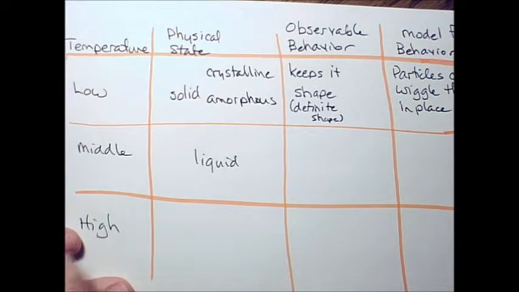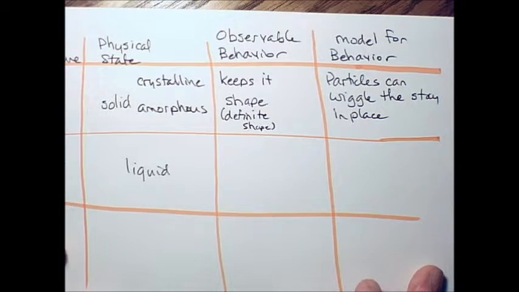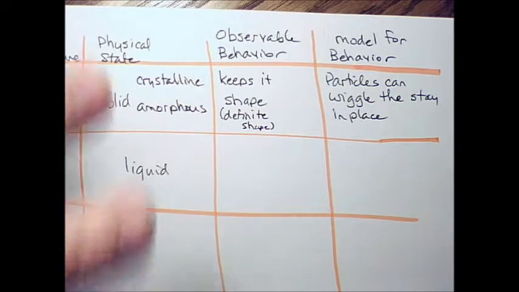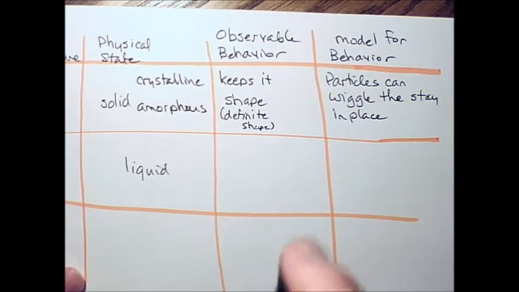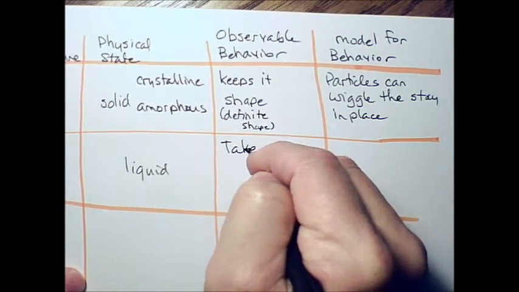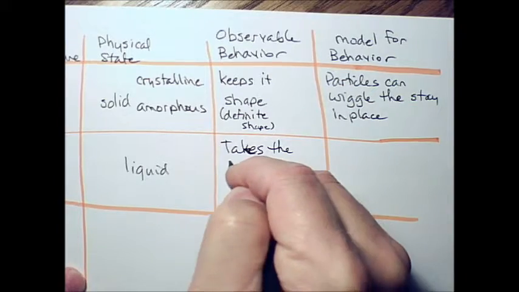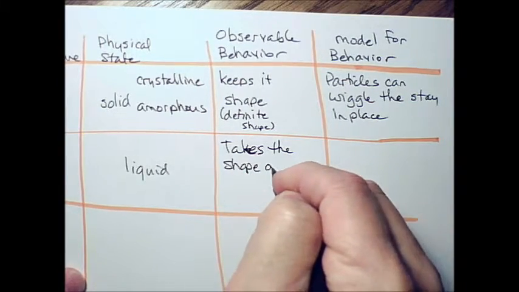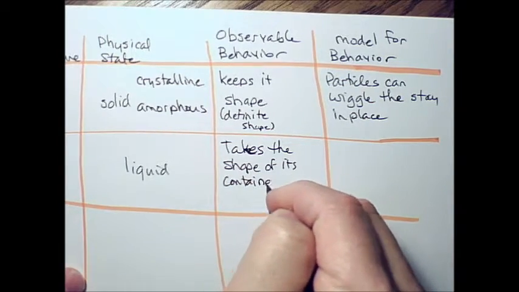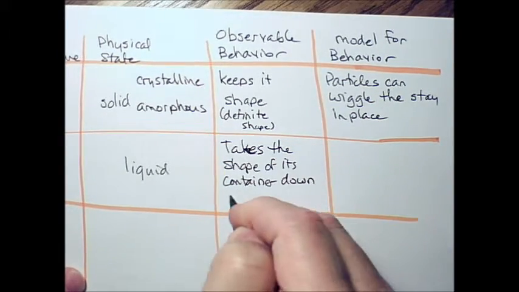It only takes up the container down and sideways. That's the key to the difference. Both solids and liquids can be poured, but the liquid takes the shape of the container only in a downward and sideways direction, down and to the side.